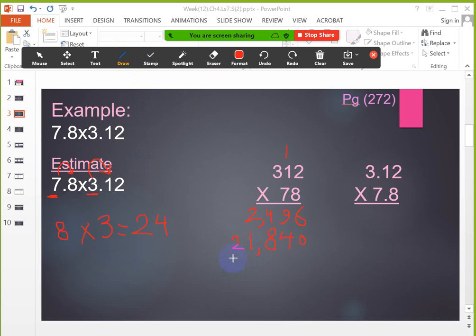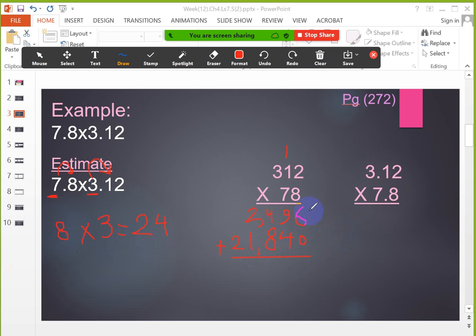Now I want to add the numbers to find the final answer. Okay, Fatima, open your mic and help me to add those numbers.